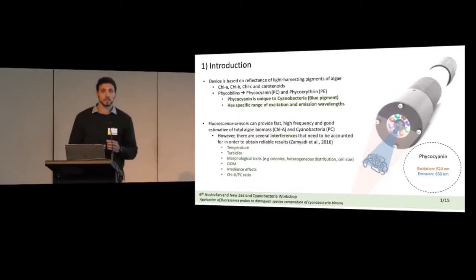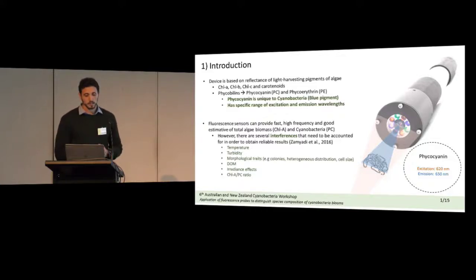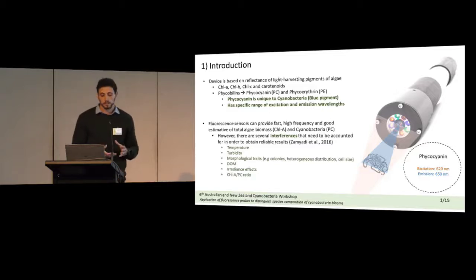A specific frequency of light is emitted towards the pigment. This is called the excitation wavelength, and then the pigment absorbs it and reflects it in a higher frequency, which is called the emission wavelength. This specific trait makes it possible for us to identify this sort of pigment in a water sample.